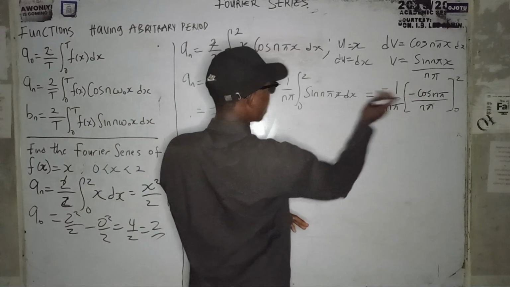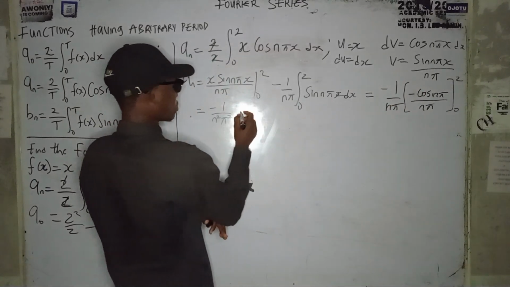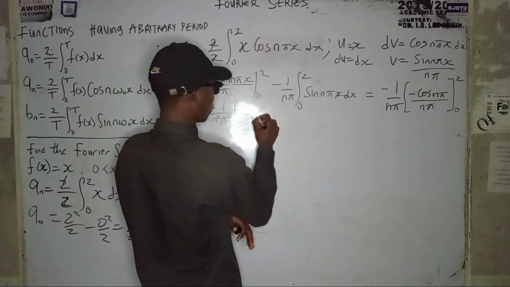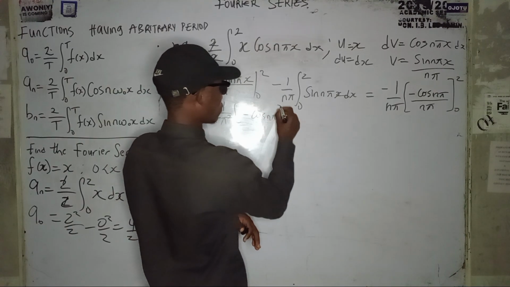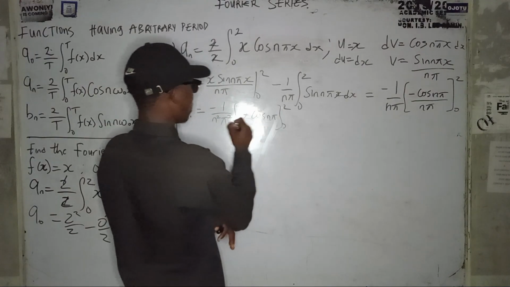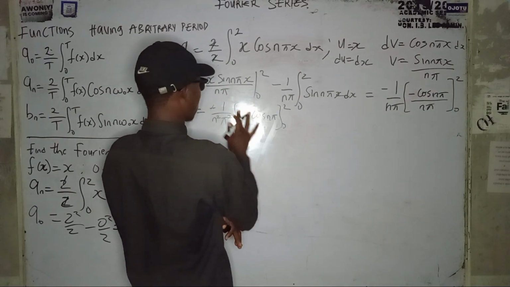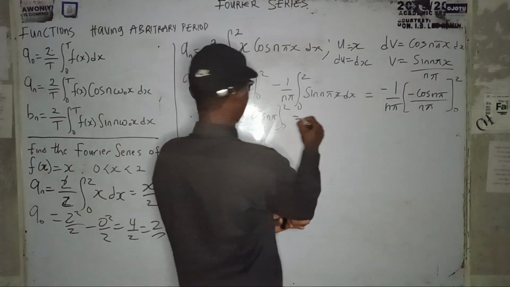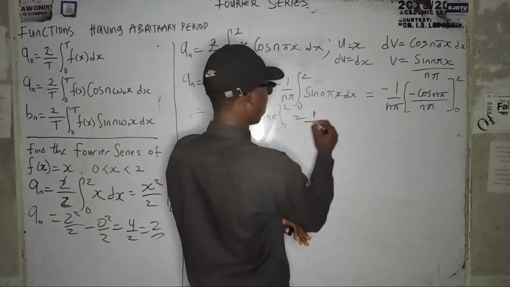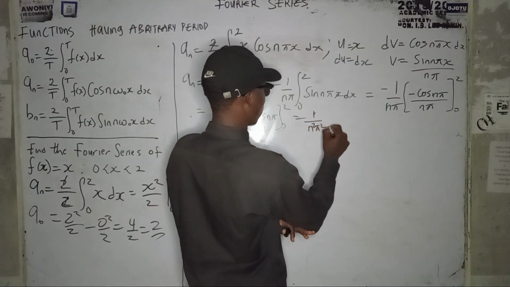The minus here can multiply outside, so here we have our minus cos n pi from 0 to 2. The minus can multiply this, so they cancel out. And therefore, if we just repeat our values, we have 1 over n square pi square.